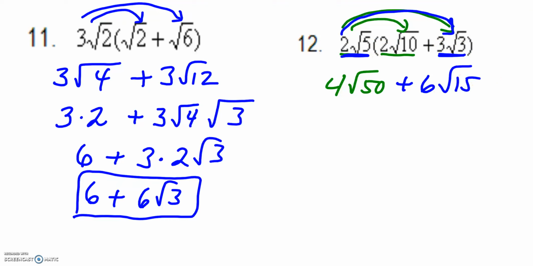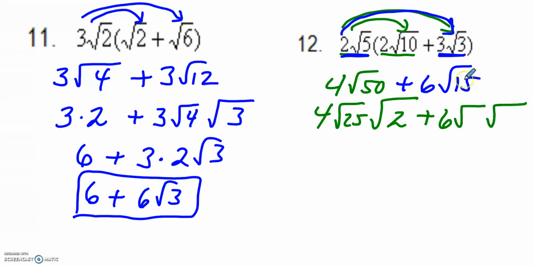So if I keep simplifying both, 4 stays. Root 50 can split into 25 times 2, plus 6. Now here, as I mentioned earlier, 15 could be split into 5 times 3, but 5 and 3 are both not perfect squares. So this step does not help me at all.